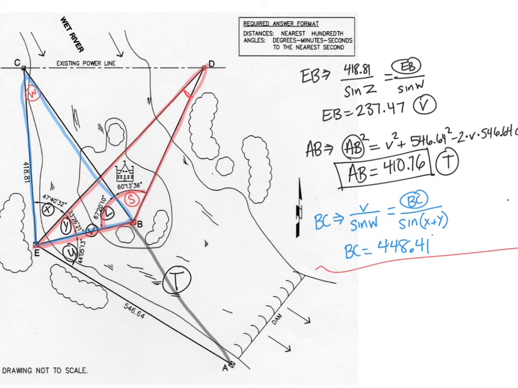All right, so here we go. Now that I have that angle, I can do V over the sine of that angle D that I just found, which should equal what I'm looking for, BD, over the sine of Y. Let's go solve for BD.